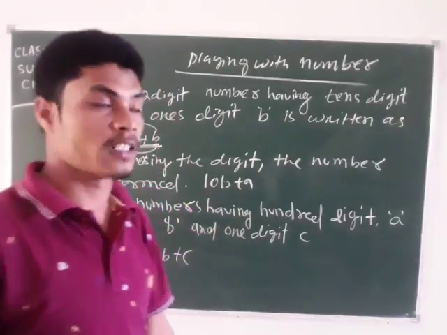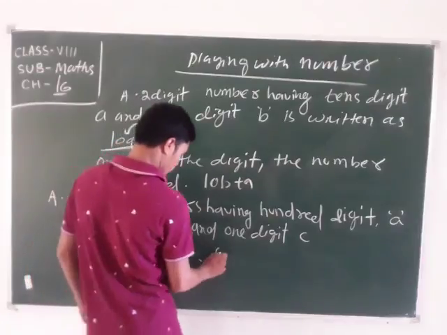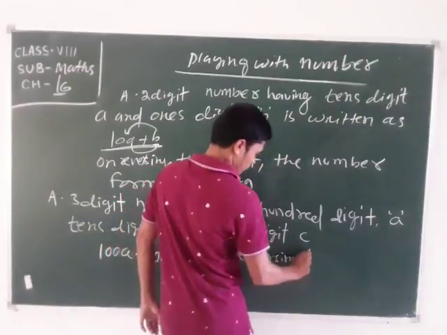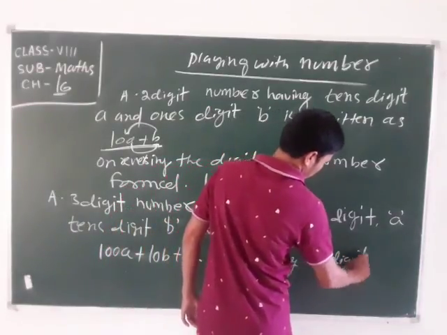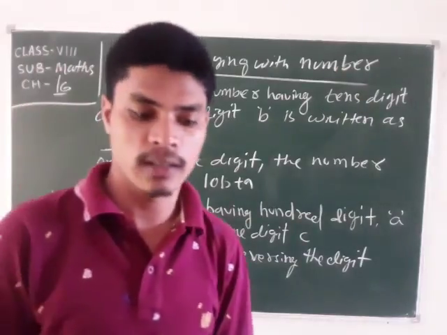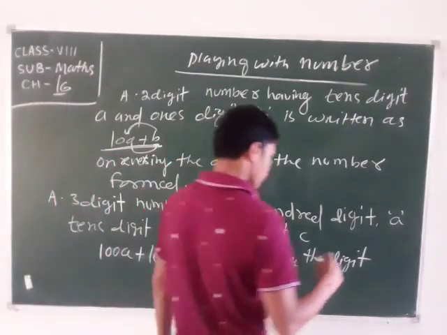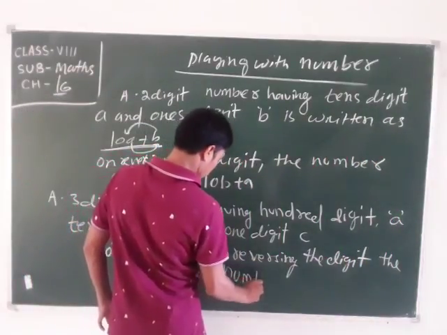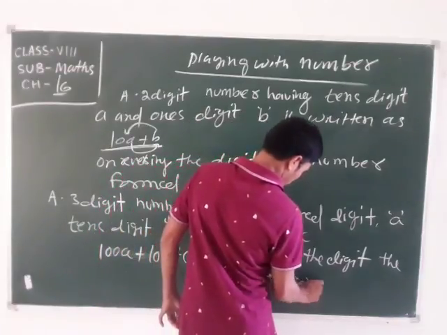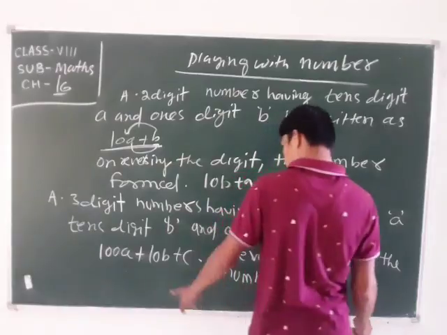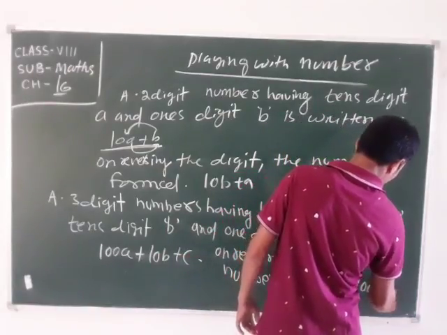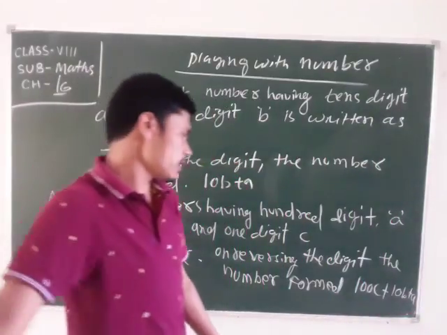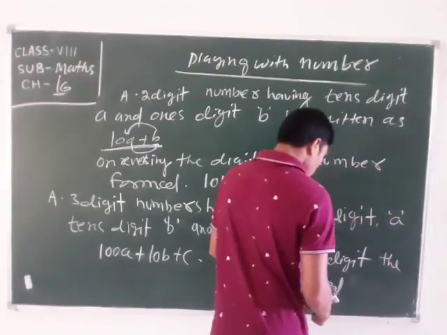On reversing the digits, the number form is 100C plus 10B plus A. Write properly here.